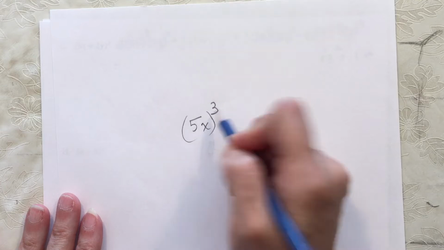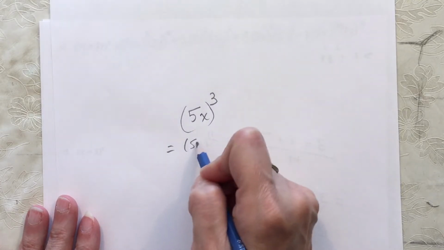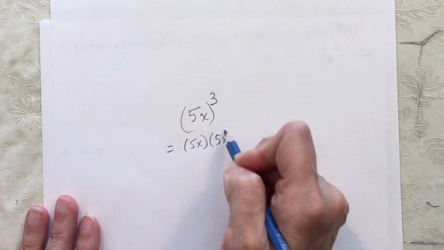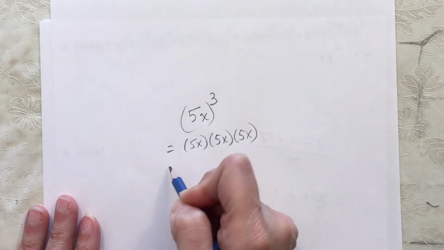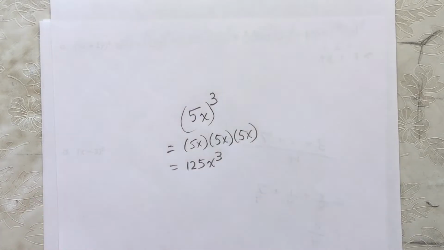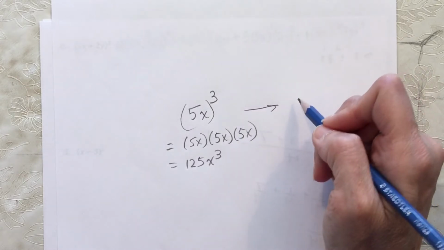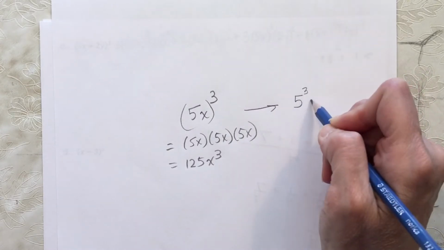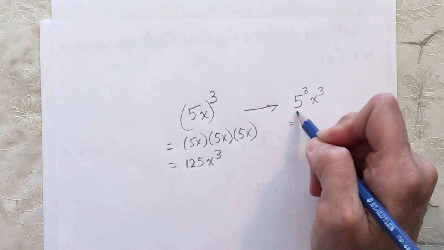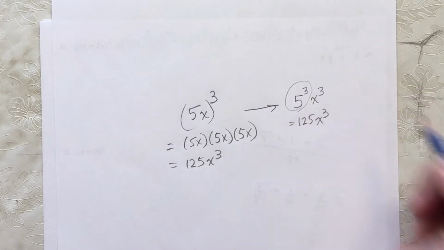(5x) all cubed. So there's a couple ways people think of this. One is to think of it as 5x times 5x times 5x, which is 125x cubed. So that's kind of the grade 9 way we thought about it. And then in grade 10, we thought about it as 5 cubed x cubed, and 5 cubed is a number we can figure out on our calculator, is 125.